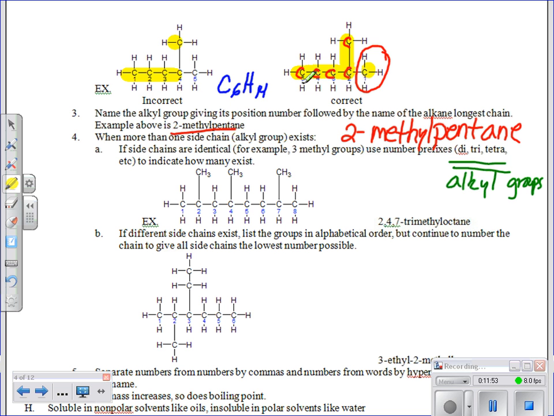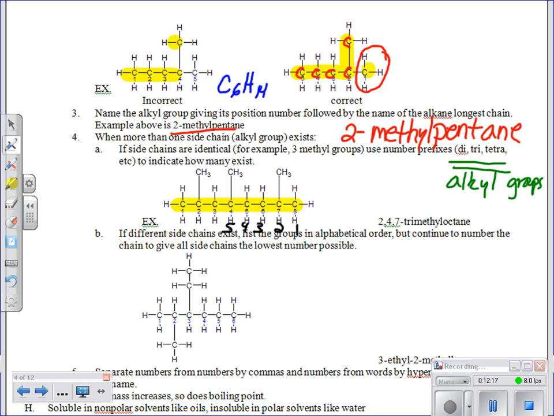We've got our carbons, 1, 2, 3, 4, 5, 6, 7, 8. Notice that had I numbered it in the opposite direction, my first alkyl group would still be coming off of number 2. But this is the correct way, because my second alkyl group, if I numbered it differently, would be coming off of 1, 2, 3, 4, 5.